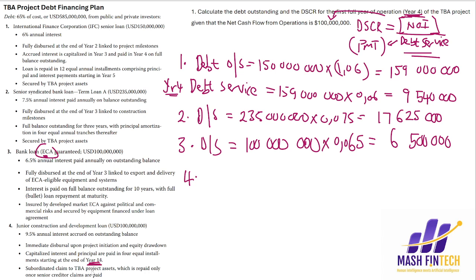Subordinated claim to TBA project assets, which is repaid only once senior creditor claims are paid. So there's no debt service in this instance. But what we need to determine is the debt outstanding in year 4. And the debt outstanding in year 4 is going to be equal to this amount of 100 million.